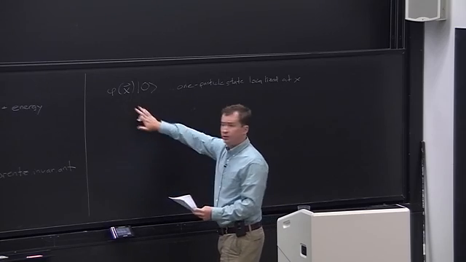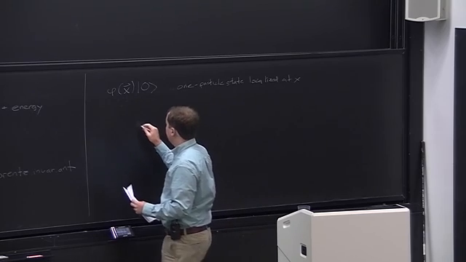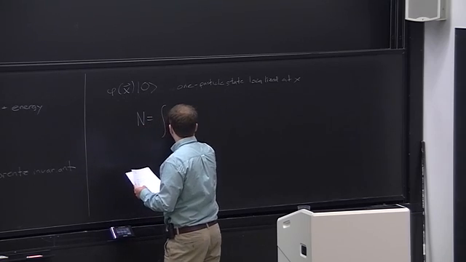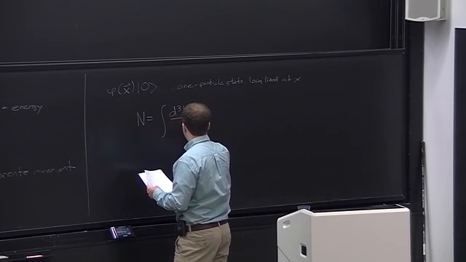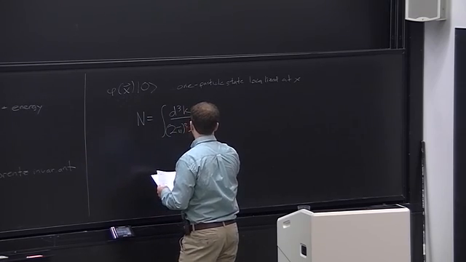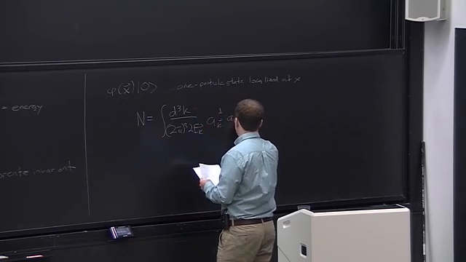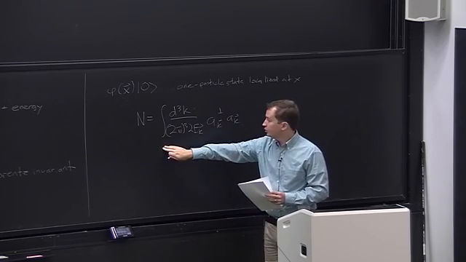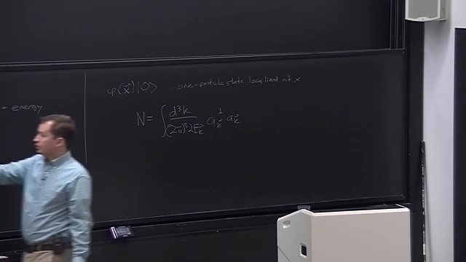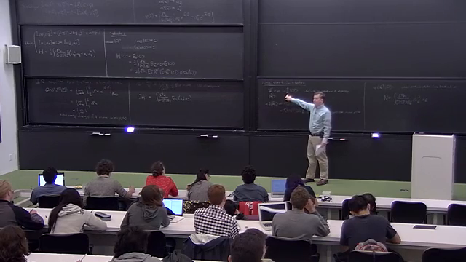So one is that this is a one-particle state. We can show that by defining a number operator, which is an integral d^3k over the usual (2π)^3 2E_k of a_k dagger a_k. So if we act with this on, say, this one-particle state, we'll get back exactly the same thing.